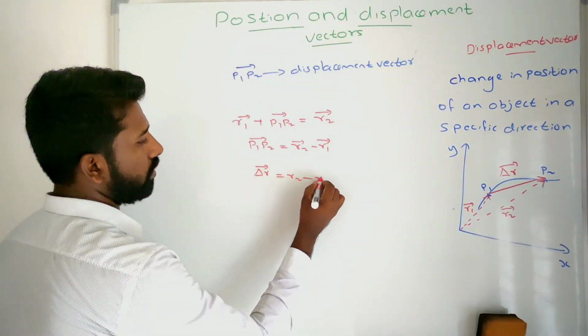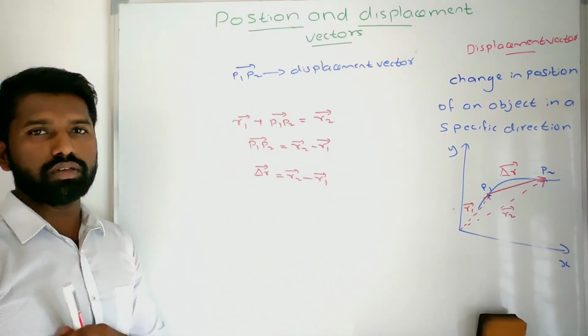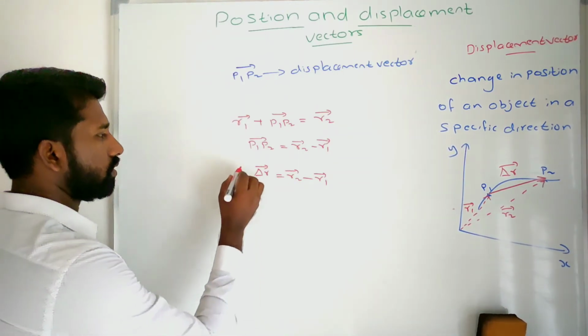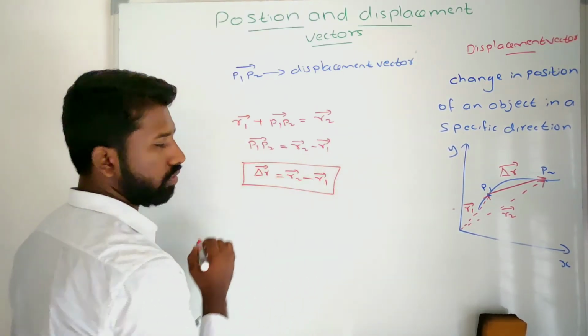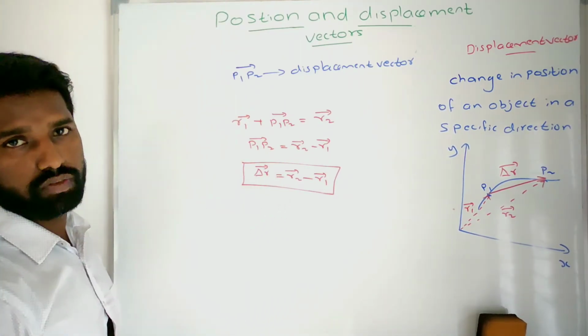So delta R equals R2 minus R1, the final position vector minus the initial position vector. This is the displacement vector. This way you can find the displacement vector. Here delta R is the displacement vector.